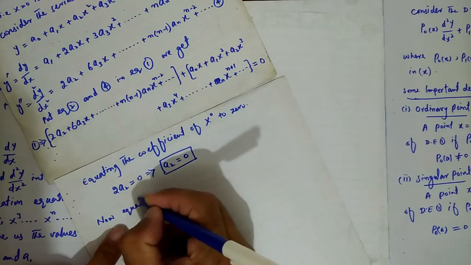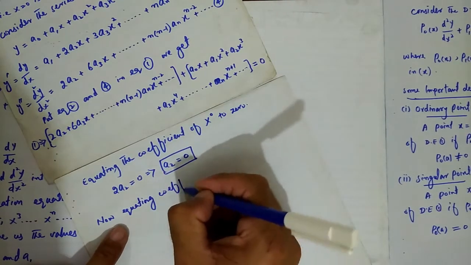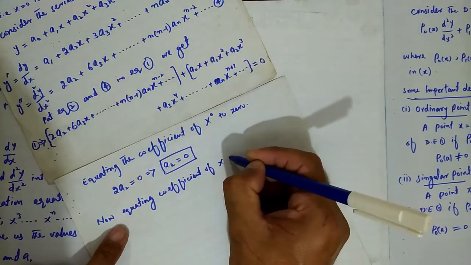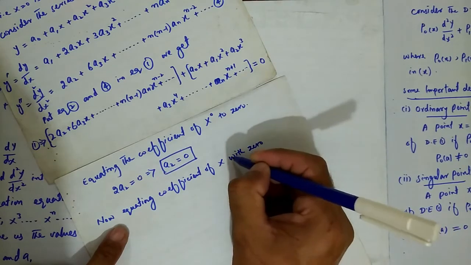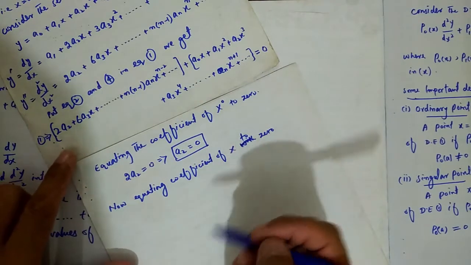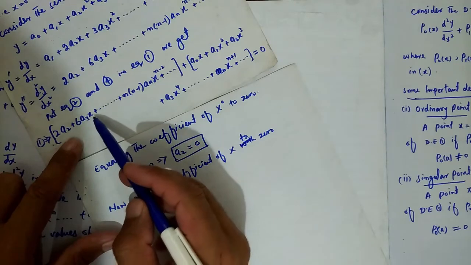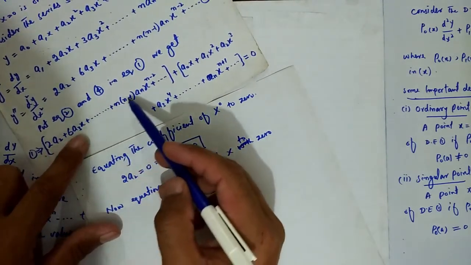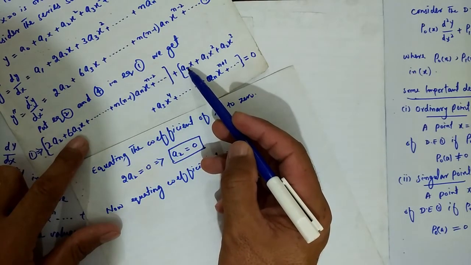Now for higher powers of x, equating the coefficient of x to 0. So here we have x in this series, the other terms are higher powers, and this one is a0. Clear?